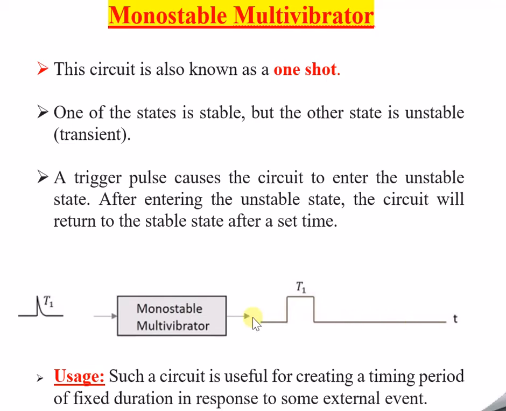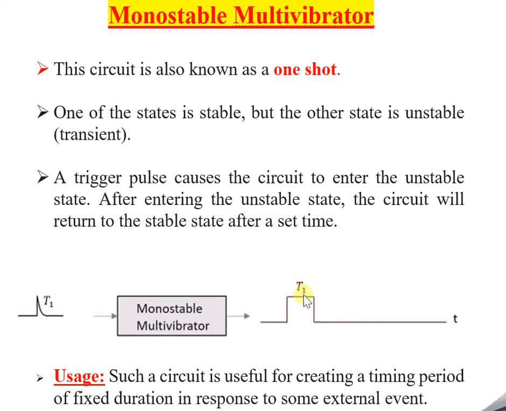To understand this: a trigger pulse causes the circuit to enter the unstable state. This is the trigger pulse with time t1, which causes it to enter the unstable state. Unstable means it is changing, from on to off. After entering the unstable state, the circuit returns to the stable state after a set time t.